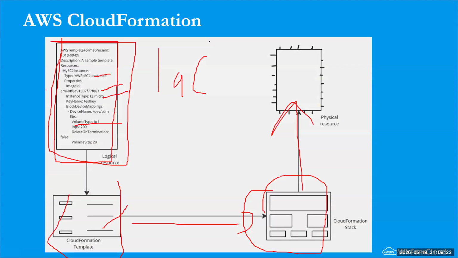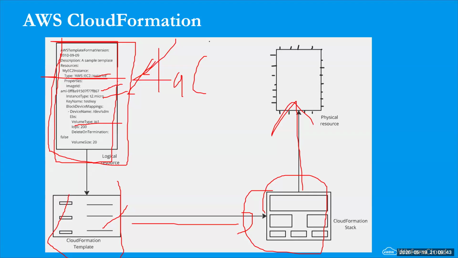So this is one. For EC2, you see the type here is AWS EC2. So the type here is what will always change. Right, it's always going to be different. So you cannot take a template for one resource and try to define it for another resource because all of them have different properties.